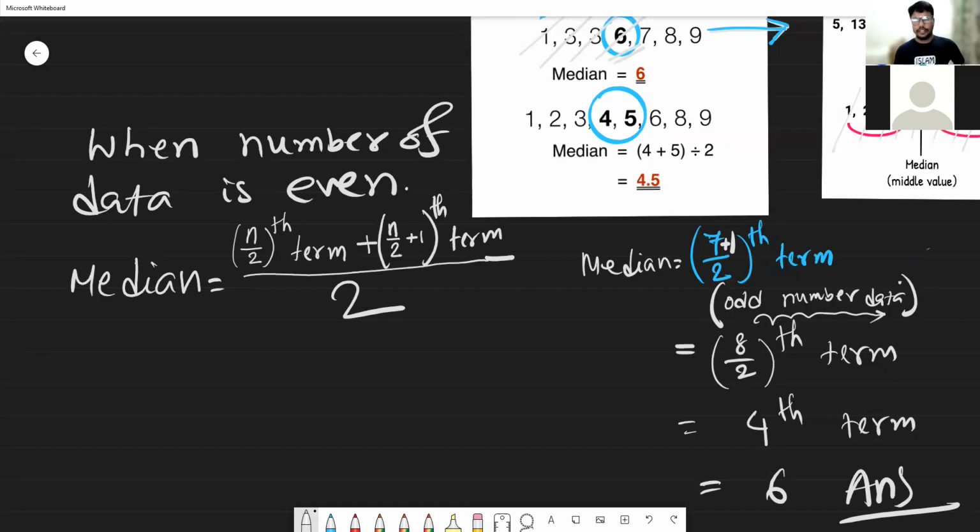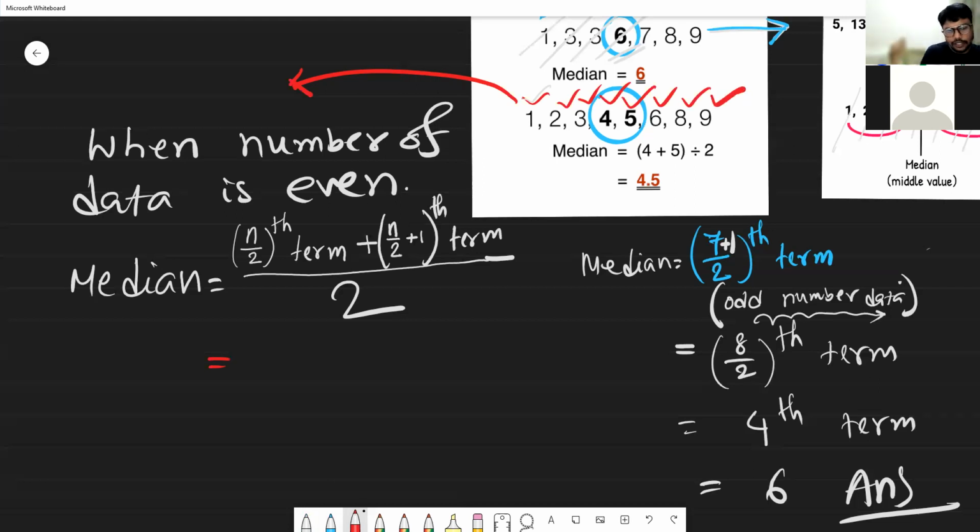Clear? Yes. Okay, now look, for the second math given in the first slide, we will apply this formula. First step, n by 2. How many data here? Just count how many data up to last. 1, 2, 3, 4, 5, 6, 7, 8.